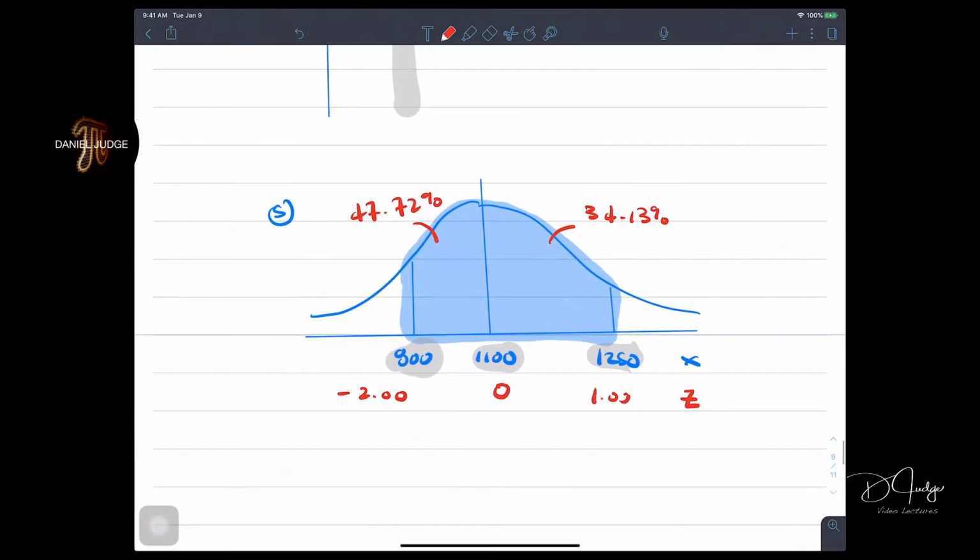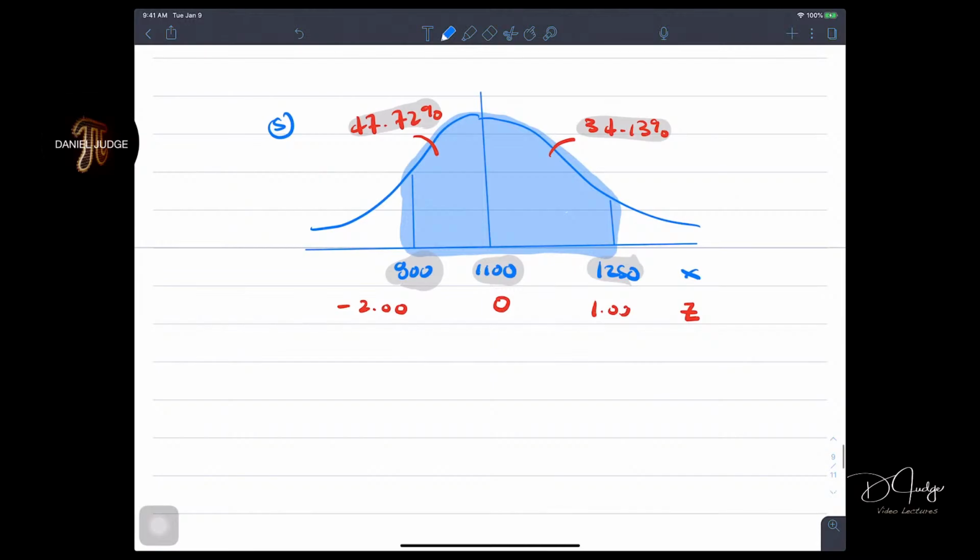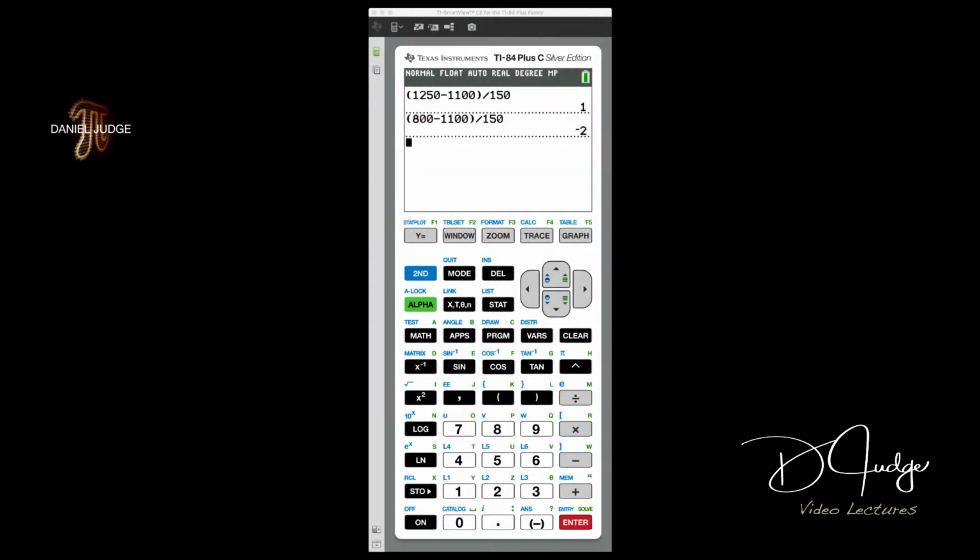So you're going to take both of these answers and you're going to add them. So you can add them. $47.72 plus 34.13 becomes 81.85%.